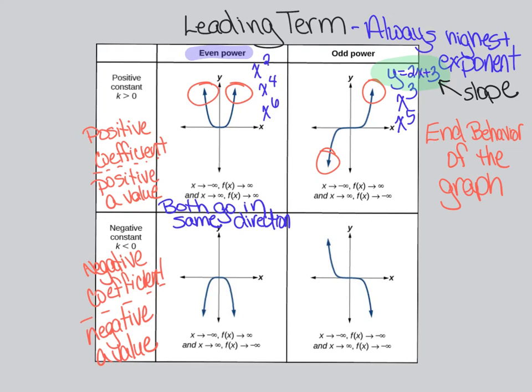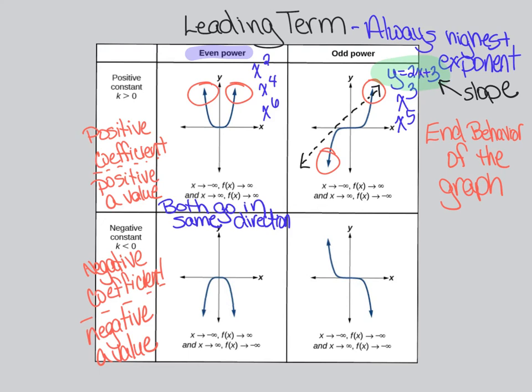So let's look at my first one. I have a graph that is moving in the general direction down on the left, up to the right. That is the general direction that I'm going. And that is the general direction of a line when it has a positive slope. Now we're not talking about slope when I've got x to the 3rd or x to the 5th, but you can think about it like you do a line. I would stretch that graph out.